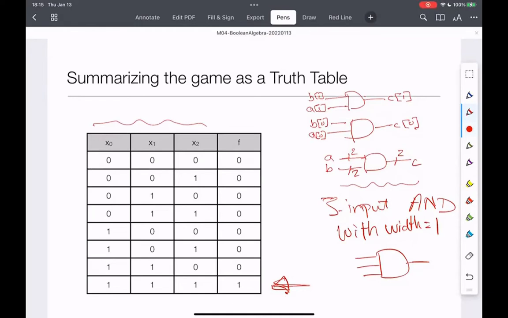Gotcha. So a 3 input AND gate with width of 1 means 3 inputs, and each input is 1 bit. Yeah. So this one is saying it's an AND gate with 3 inputs. Let's call them X, Y, Z, and output, let's say F. Everything is 1 bit. But if I were to put it like this, what's happening?